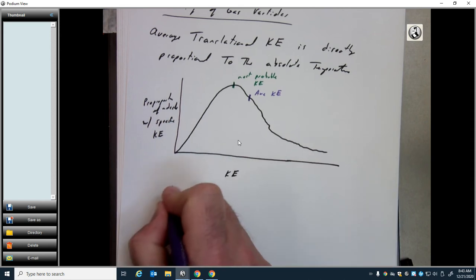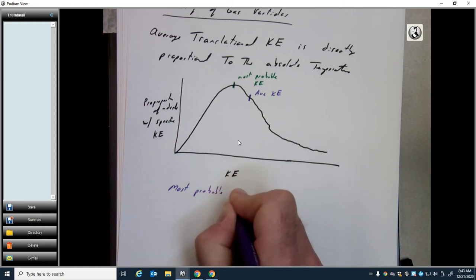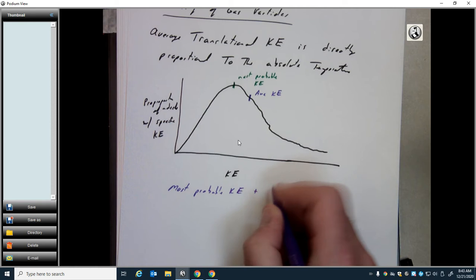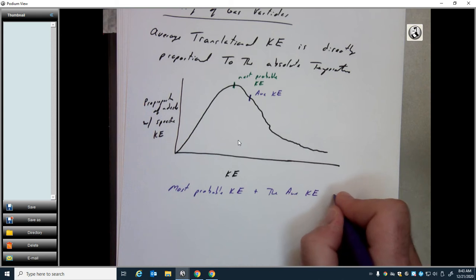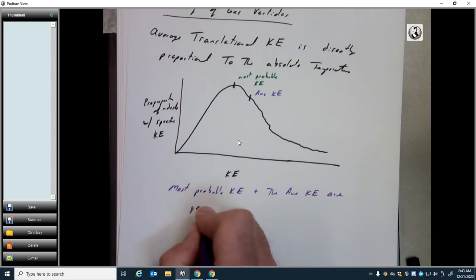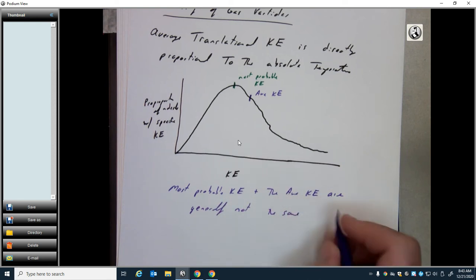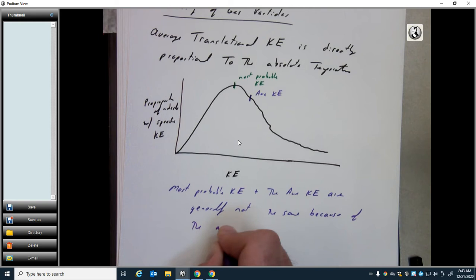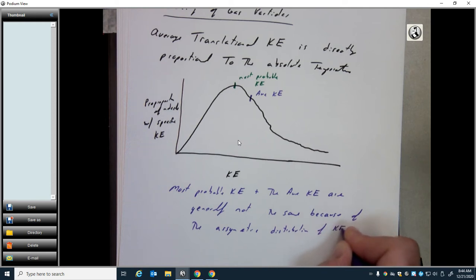So let's write that. The most probable kinetic energy and the average kinetic energy are generally not the same because of the asymmetric distribution of kinetic energies.